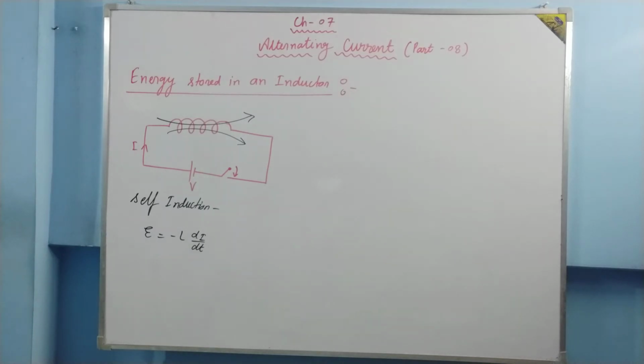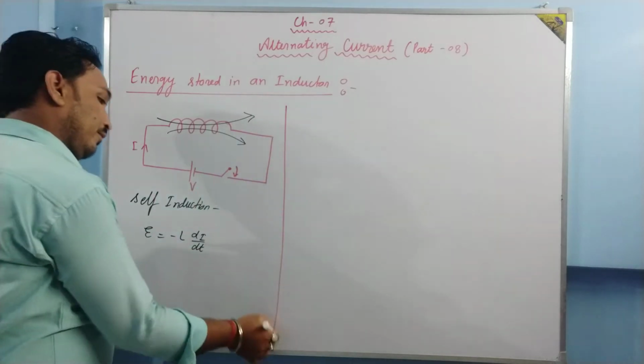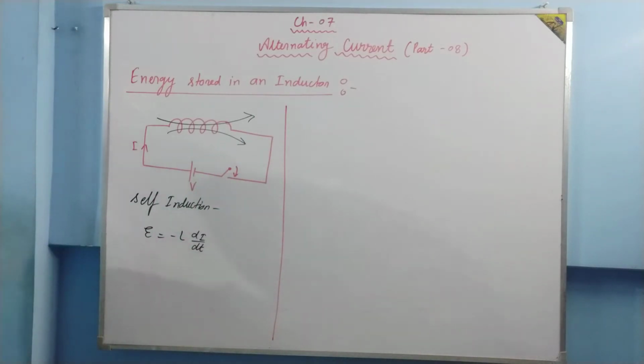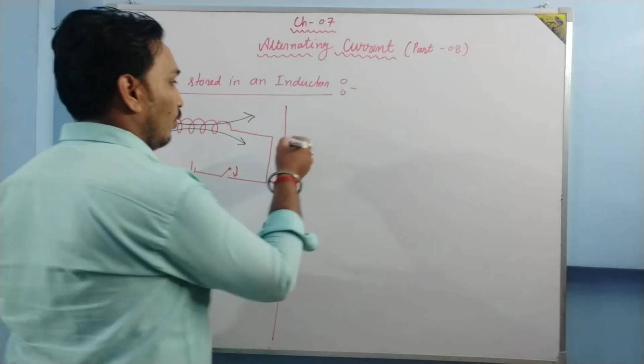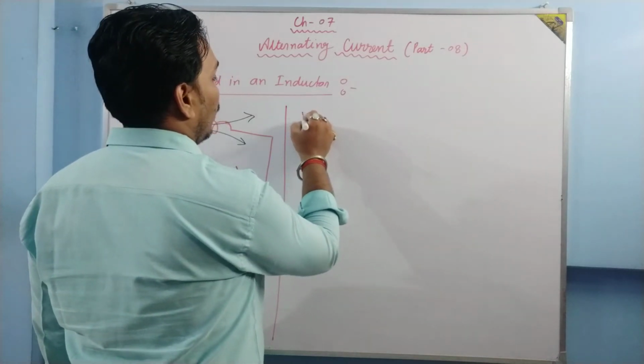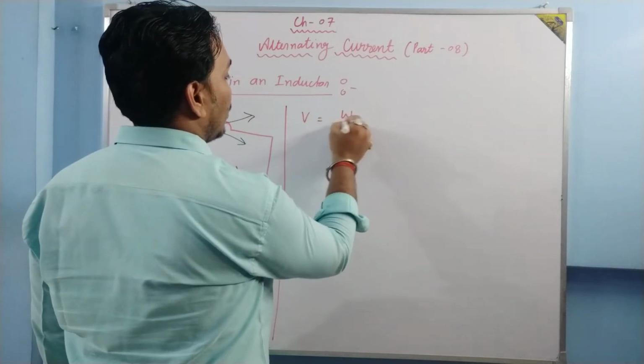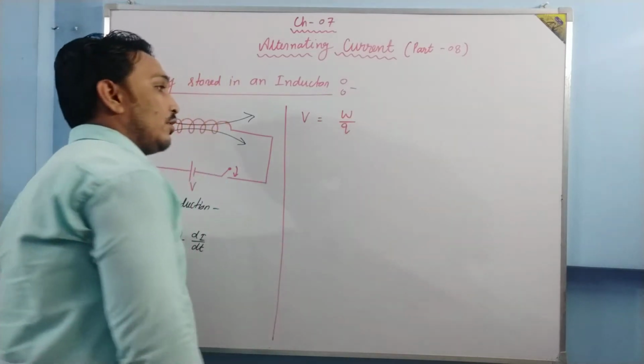So if I want to know the energy stored in the inductor, what do I have to do? Let us try to understand how the energy is calculated. This is the EMF induced in the inductor. For voltage we have another definition: voltage is equal to work done upon charge.